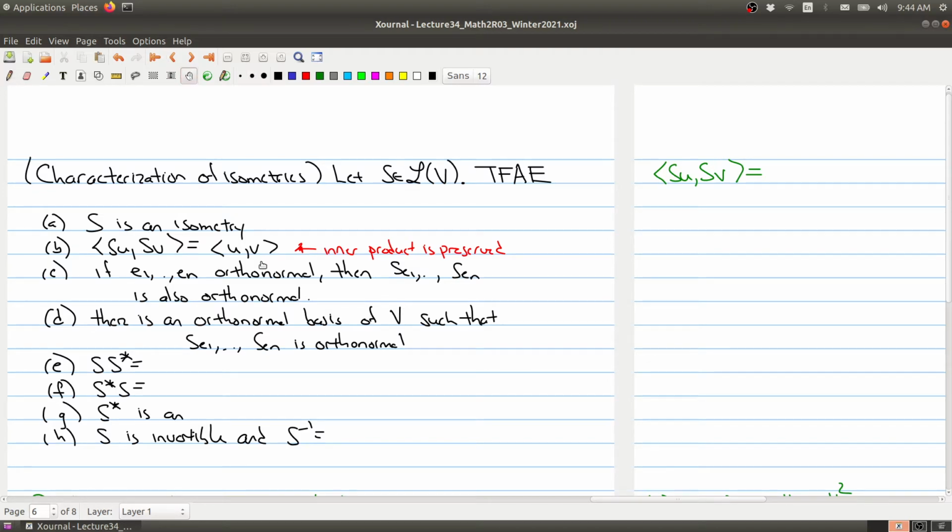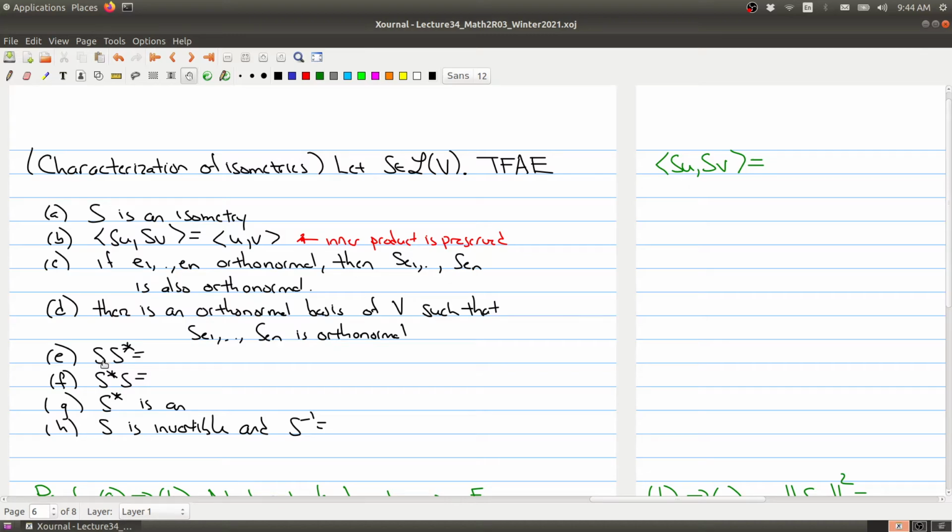The next property about isometries is that S adjoint composed with S gives you the identity operator, and the same thing in the reverse direction. If you take S and compose it with its adjoint, you get the identity operator. You also get that the adjoint is an isometry.